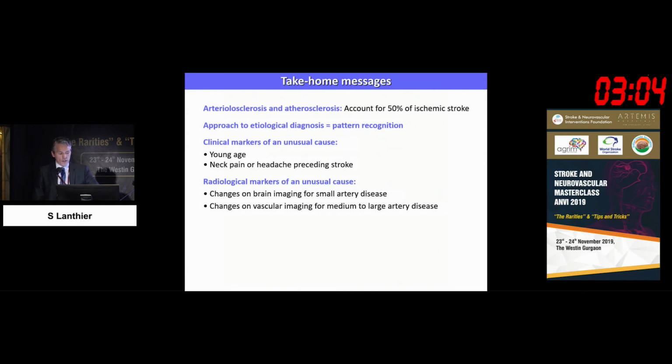And our radiological markers of an unusual cause include the changes on brain imaging that can be seen with small artery disease. Vascular imaging is normal with small artery disease. And the changes on vascular imaging for medium to large artery disease are often recognizable even for unusual causes of stroke. Thank you for your attention.